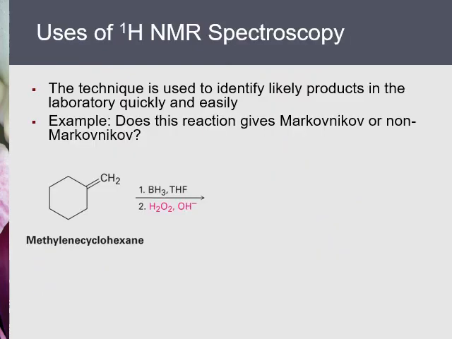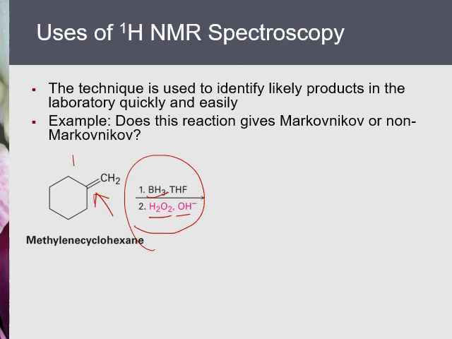This shows an application of proton NMR spectroscopy to a chemical reaction. You should be familiar with this combination of reagents, a borane followed by hydrogen peroxide in basic condition, that will add water to a double bond to form an alcohol according to the anti-Markovnikov rule.